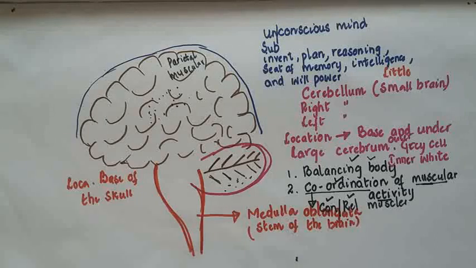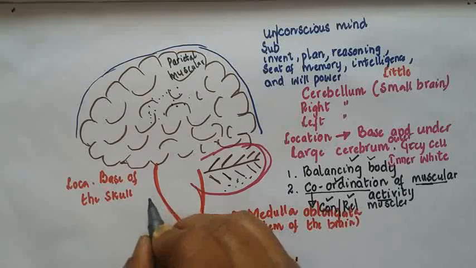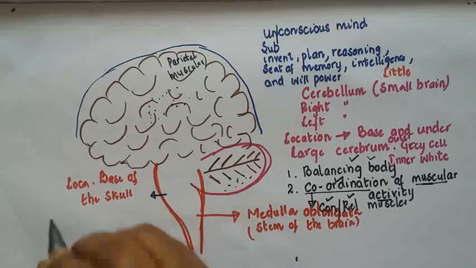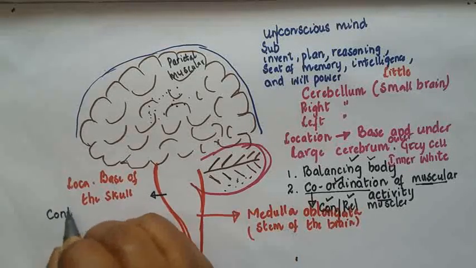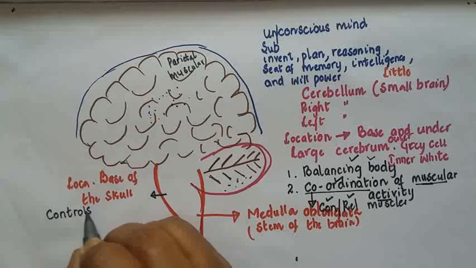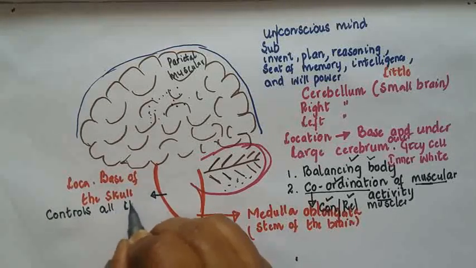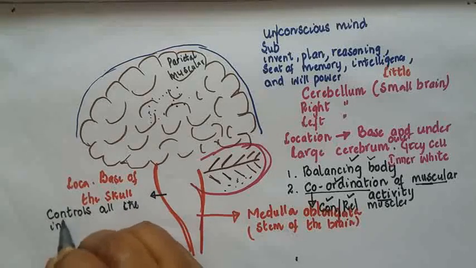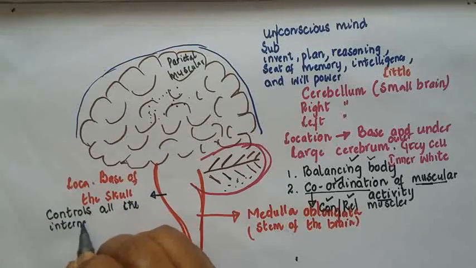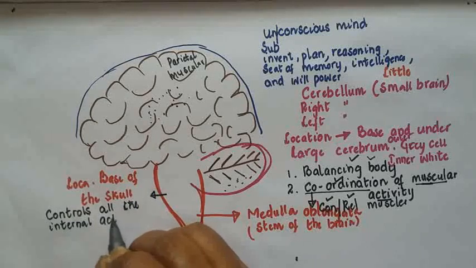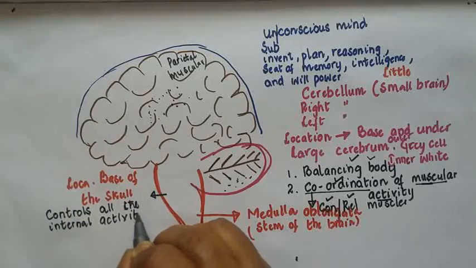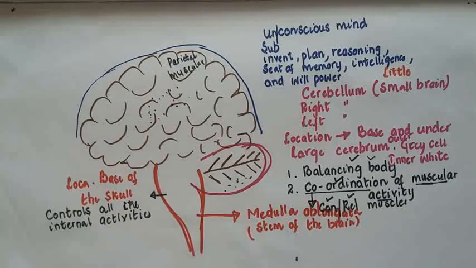So what are the functions of the medulla oblongata? In fact, children, the medulla oblongata controls all the internal organs of the body, or the internal activities of the body are carried out by the medulla oblongata.